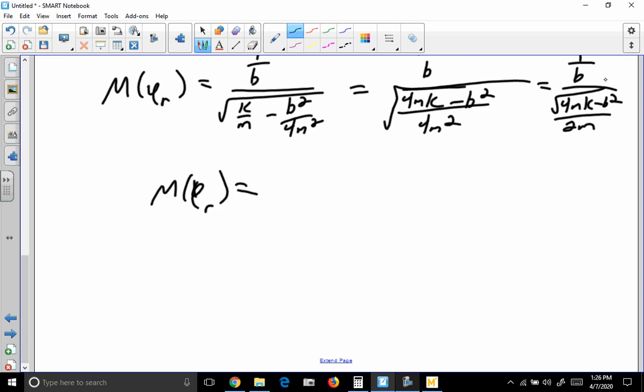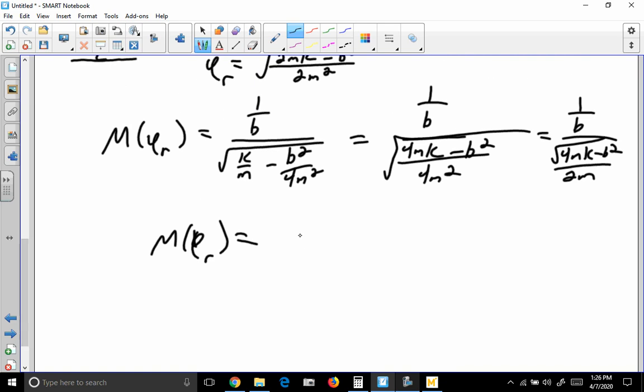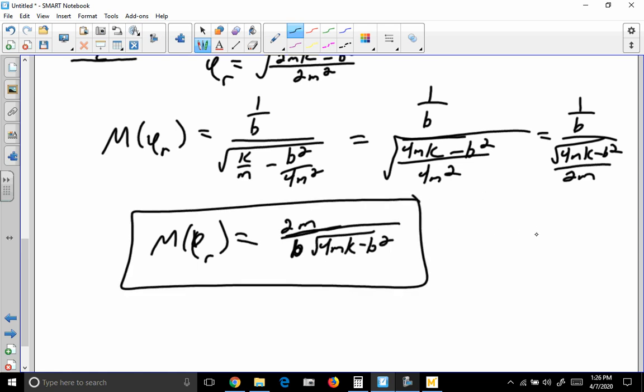So we're going to have 2m over b times the square root of 4mk minus b squared.